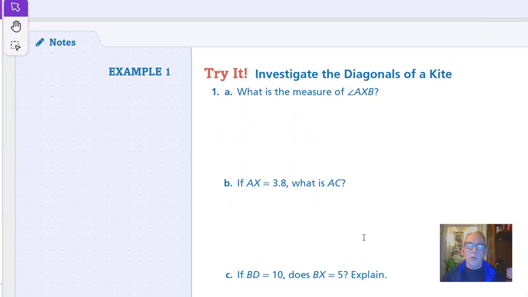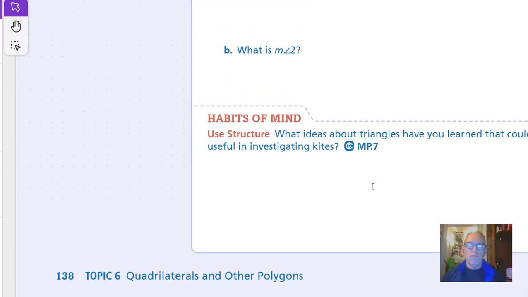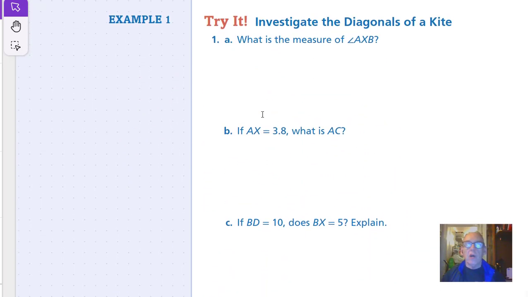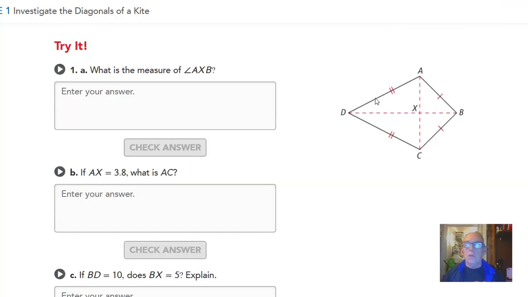So let's look at example 1, investigate the diagonals of a kite. We need to go to the Savvas site to see what that diagram is. So this is example 1. It wants to know what the measure of AXB is.